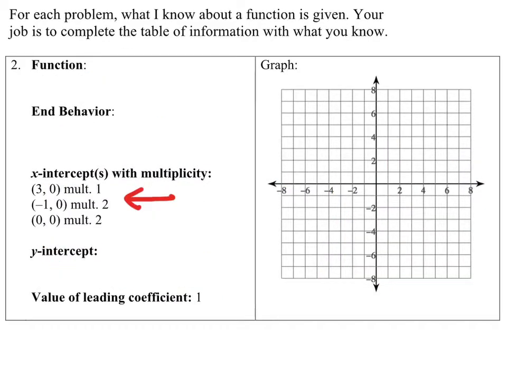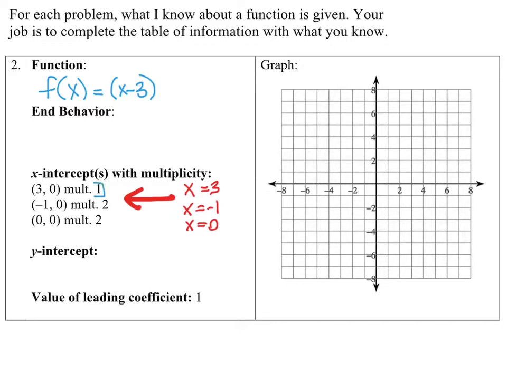Number 2 is similar to what we did in 3.6. I'm giving you the x-intercepts. I'm telling you I have x-intercepts at x equals 3, x equals negative 1, and x equals 0. So when I write my equation, I have f of x equals, it's going to be x minus 3, so you always want to change the sign.